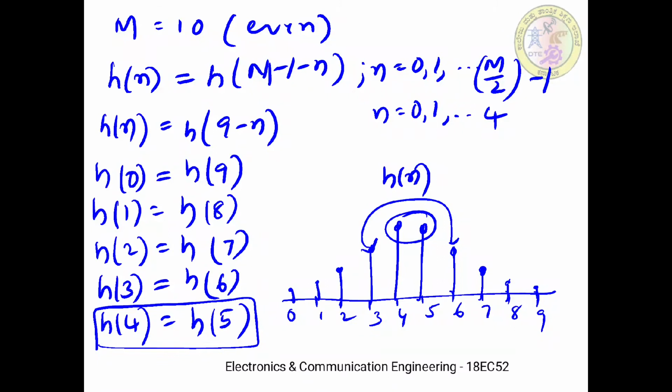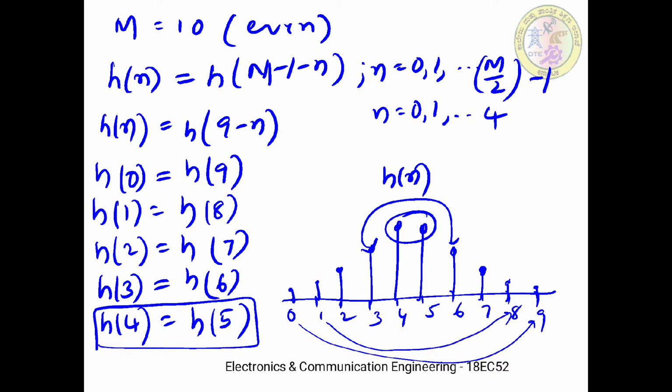So this is the positive symmetry in case of M odd or M even. M is nothing but the length of the impulse response.